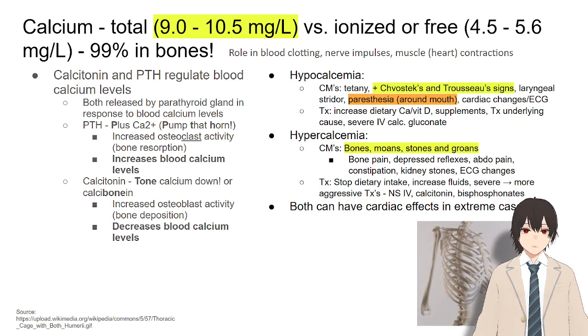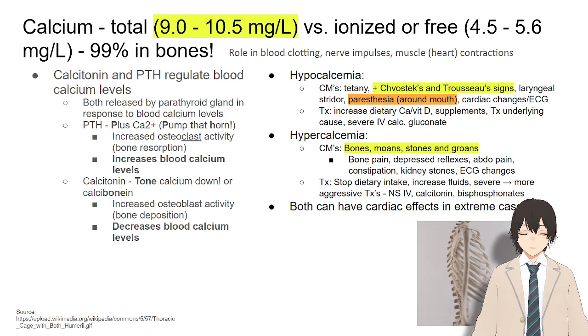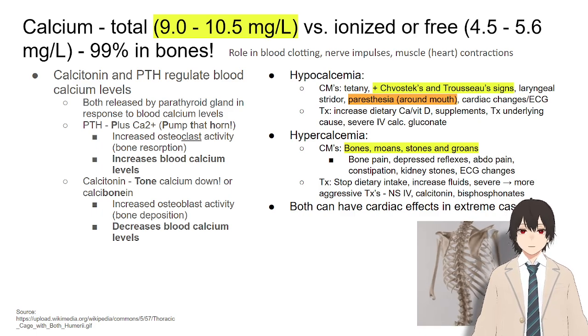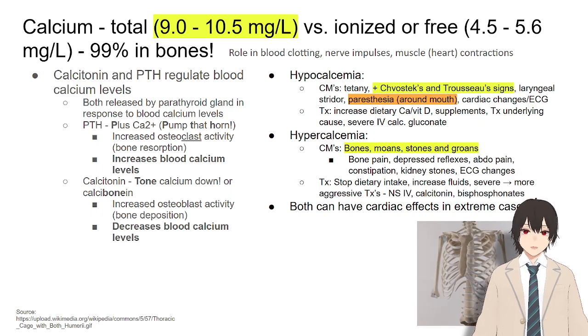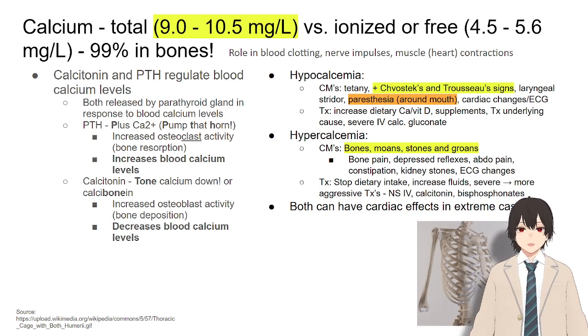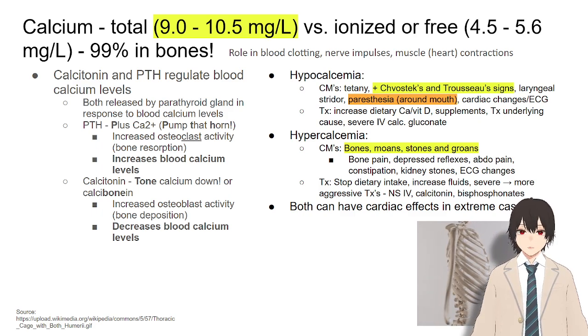Now, which one is for which? I want you to think PTH, parathyroid hormone, as pump that horn. When there are low levels of calcium in the blood, you want to pump that horn. So you pump that calcium into the blood, okay?